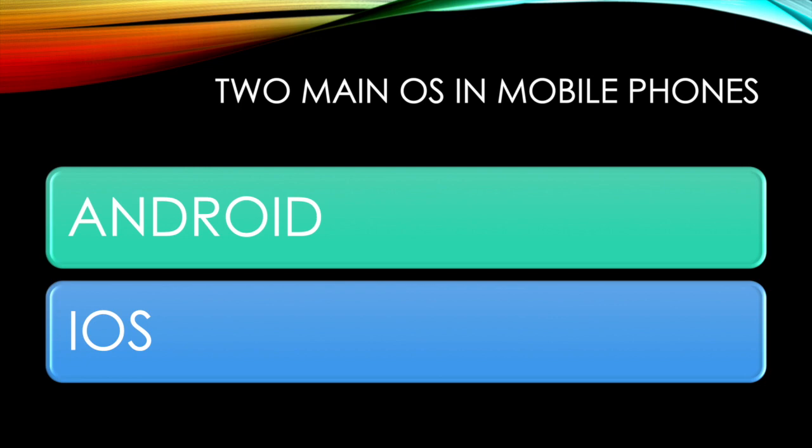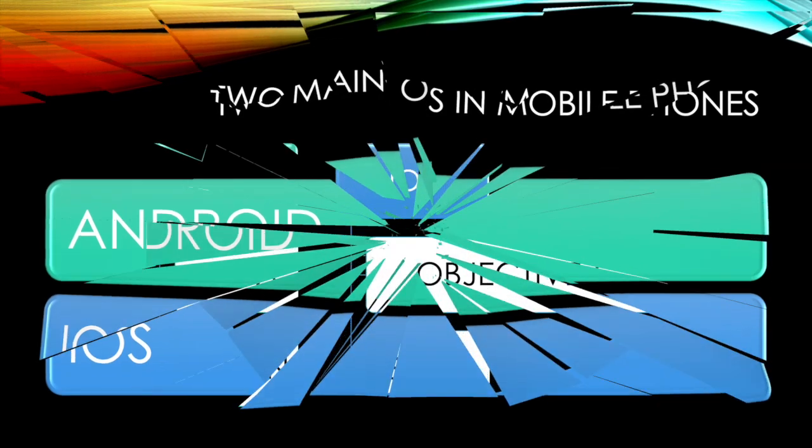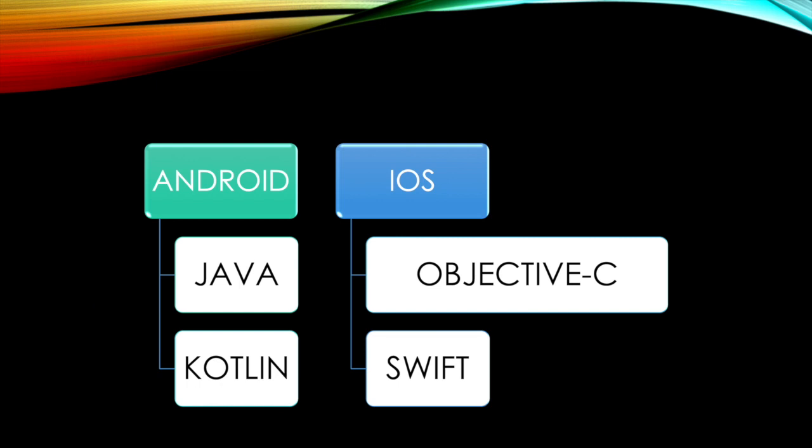Before, some years ago, if you wanted to develop an application for an Android phone, you had to learn Java, because they were developed in Java. So they used Java as a programming language, and now they are using Kotlin. iOS before used Objective-C, but now they use Swift.